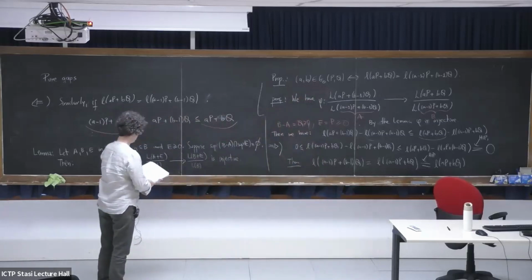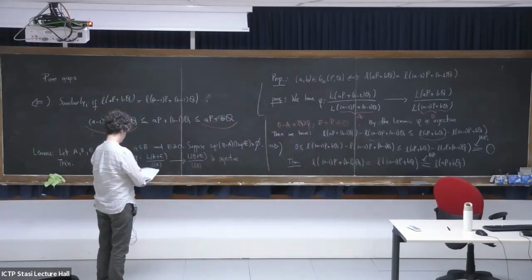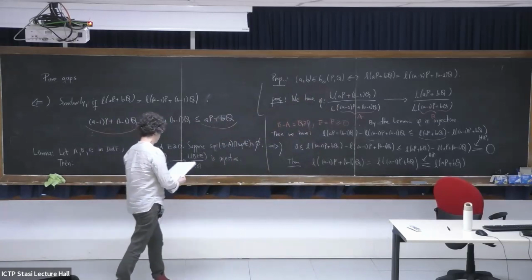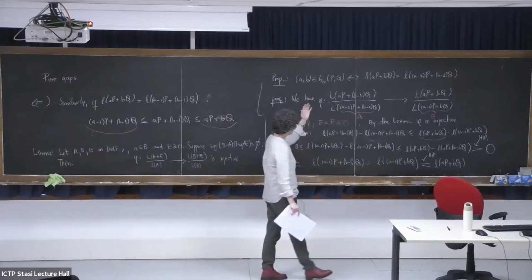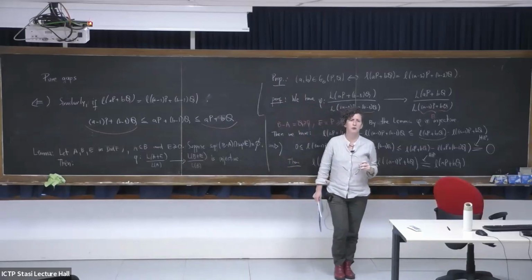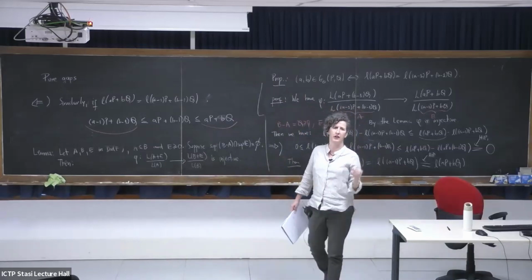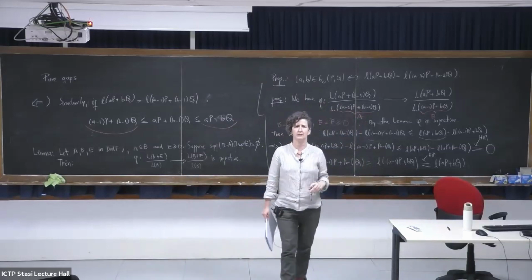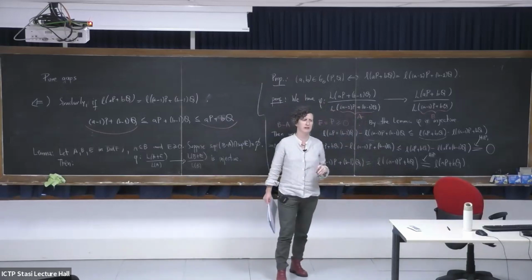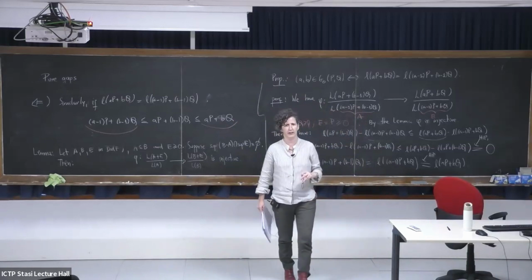Okay? So we have this. Well, so we have a characterization of pure gaps in terms of dimensions of Riemann-Roch spaces, but computing the dimension of a Riemann-Roch space can be a difficult task.